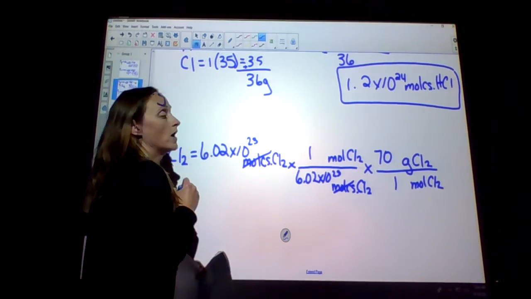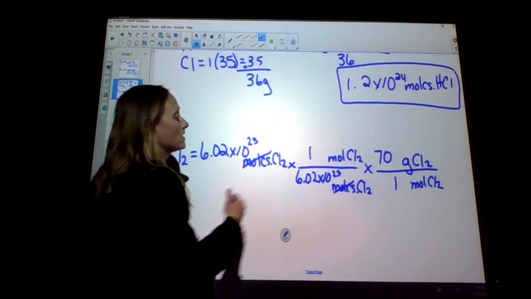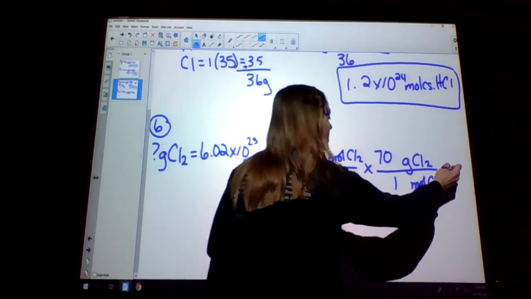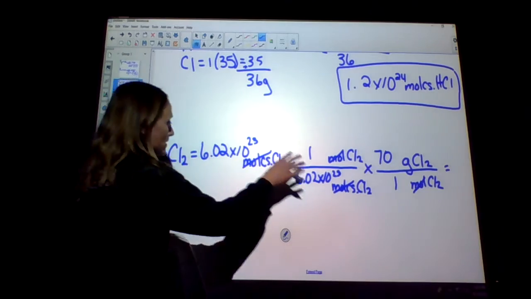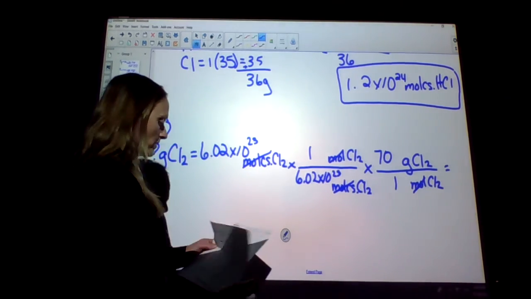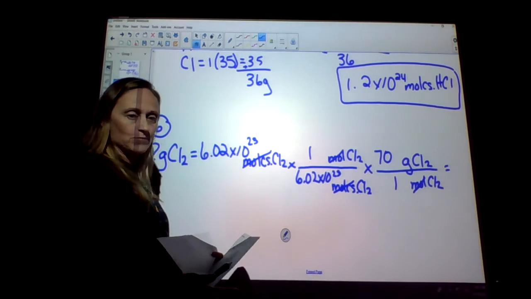We're going to put 1 with our mole of diatomic chlorine. Now our moles have canceled out, and we're in grams, which is the unit we were converting to. I know that these two cancel out, and your answer is going to end up being 70. However, they're not always going to be this simple.